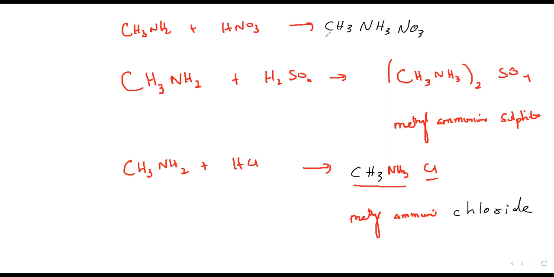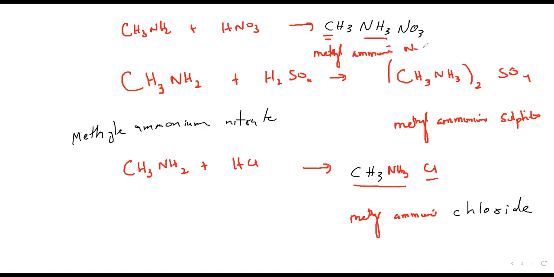Methyl ammonium nitrate. Why is methyl there? Because one carbon is there, that's why meth. And because it's an alkyl group, a branch attached, that's why methyl. Ammonium is because of this one, and nitrate is because of NO3.